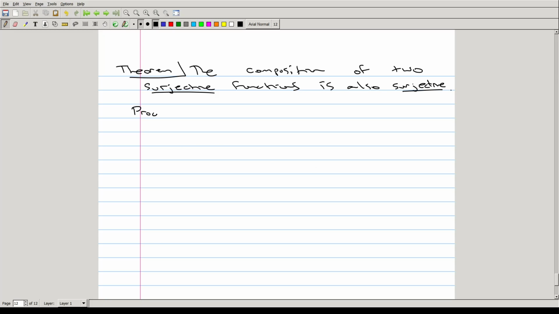And the proof of this proceeds very similarly. So we assume that f and g are surjective.